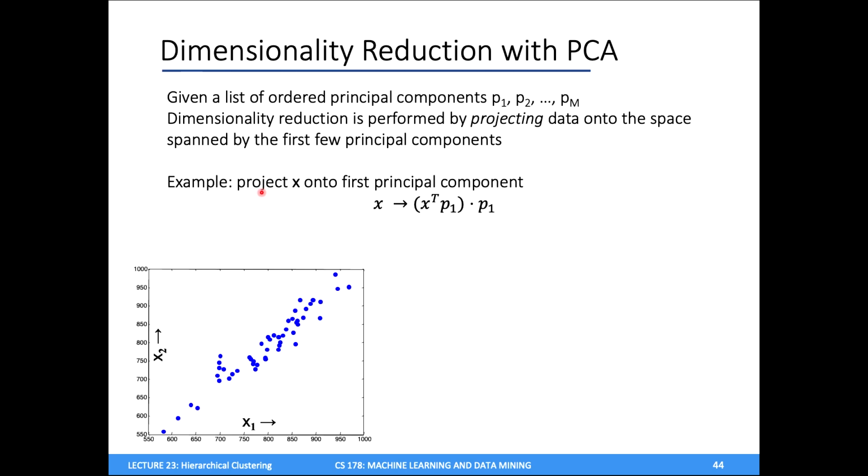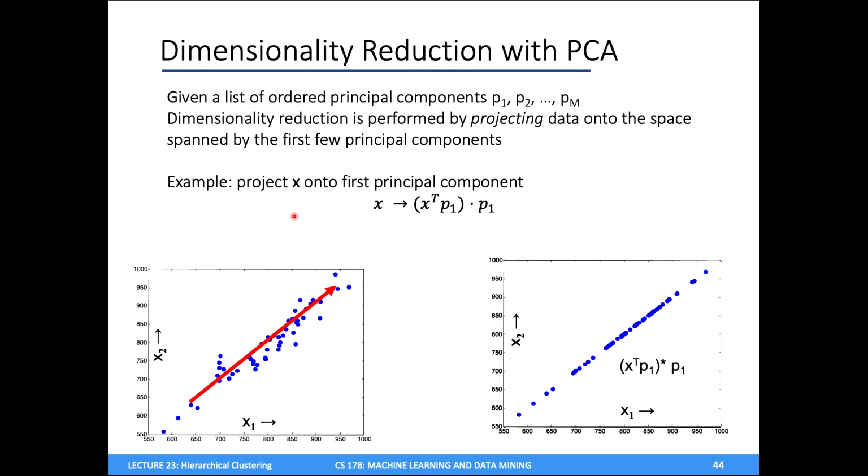Again, we saw this example, but just to drive home what we're doing here, we've got a 2D data set originally. My first principal component is this direction in the data. So this red vector is p sub 1 here. And if I take all my data and apply this projection, i.e. for every single data point, I do x transpose p1 and multiply it with p1, I take my data and really collapse it down to this one-dimensional subspace.